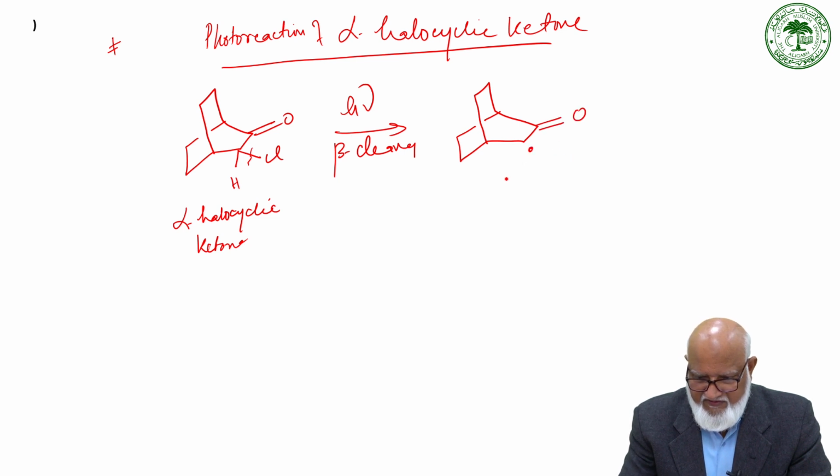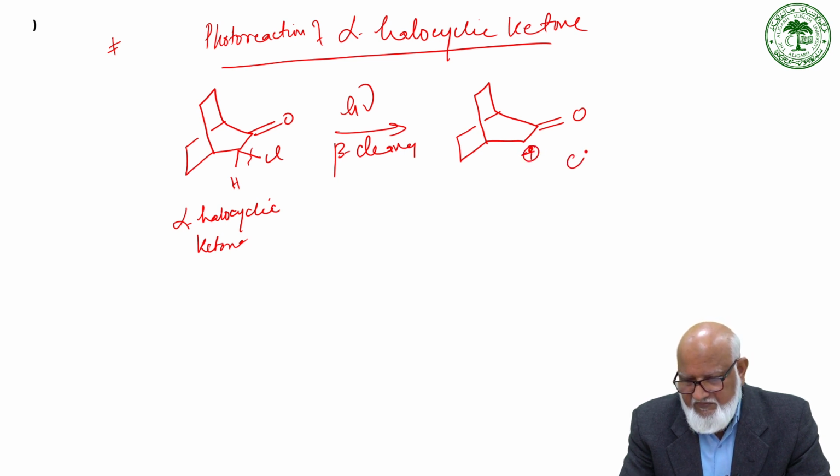Radical plus Cl minus, and then of course in this case it has been found that it has a zwitterionic species, with a positive charge here.